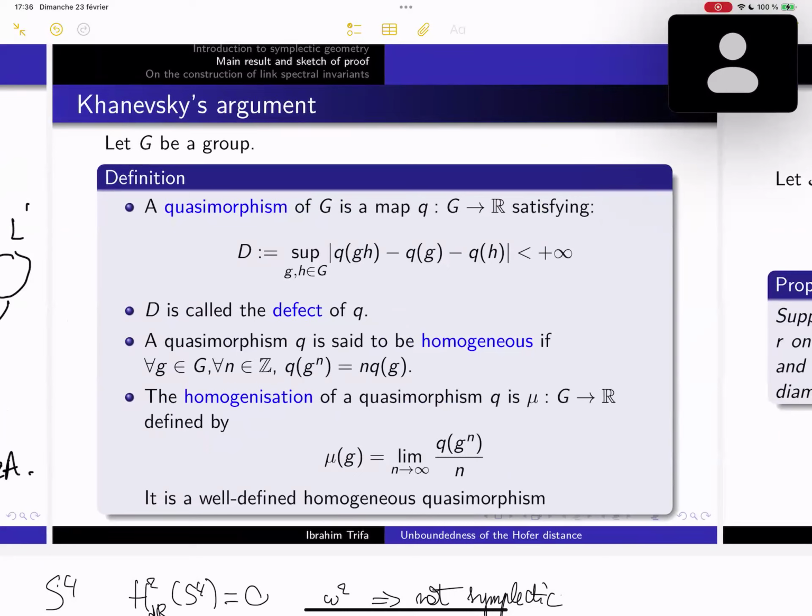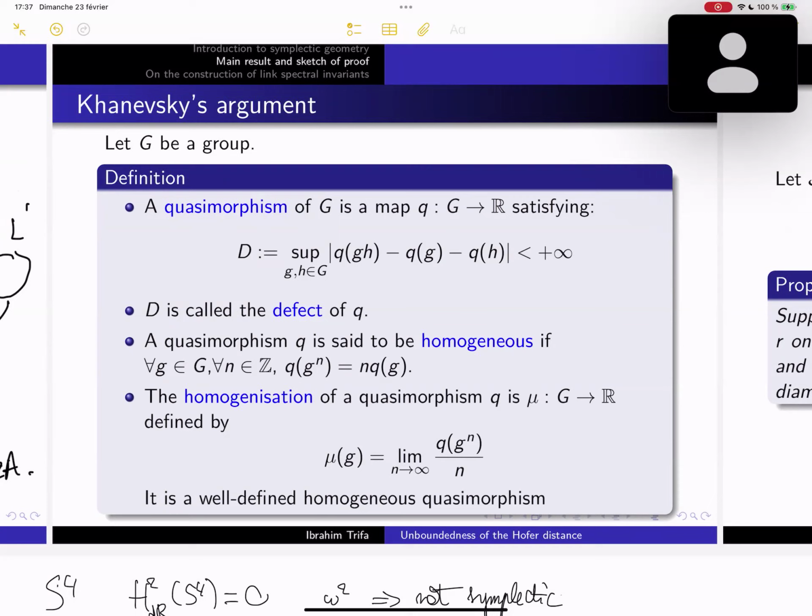A quasimorphism of G is a map from G to R that satisfies that the supremum of the difference between Q(GH) minus Q(G) minus Q(H) is bounded for G and H in G. So this supremum is called the defect of Q. What this means basically is that if this quantity was identically zero, then Q would be an honest group homomorphism.